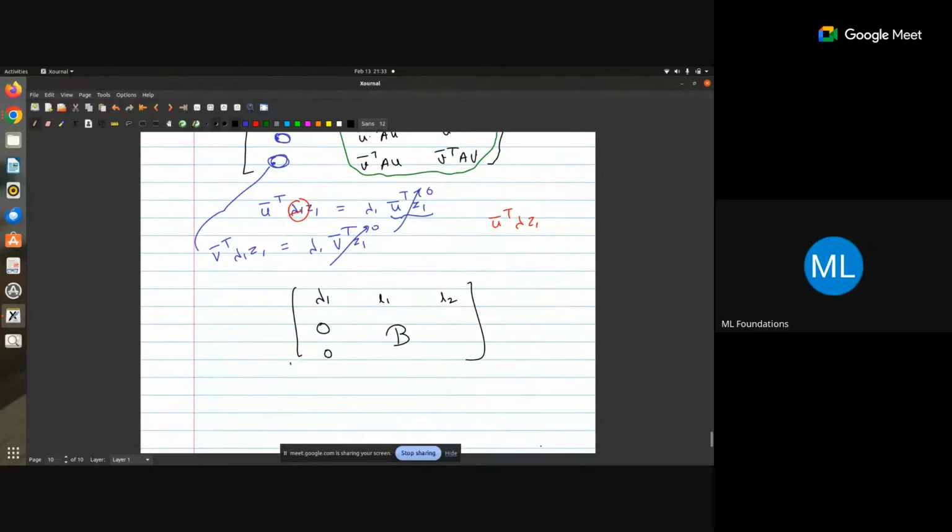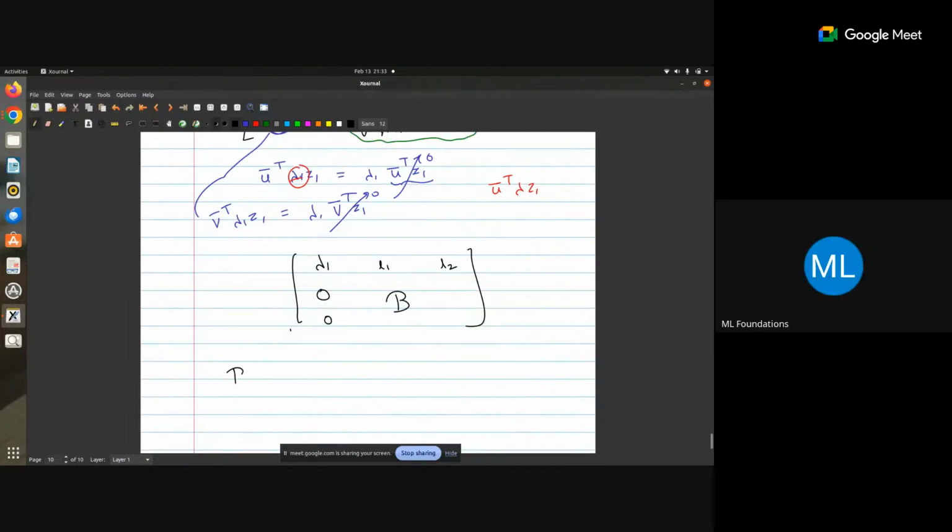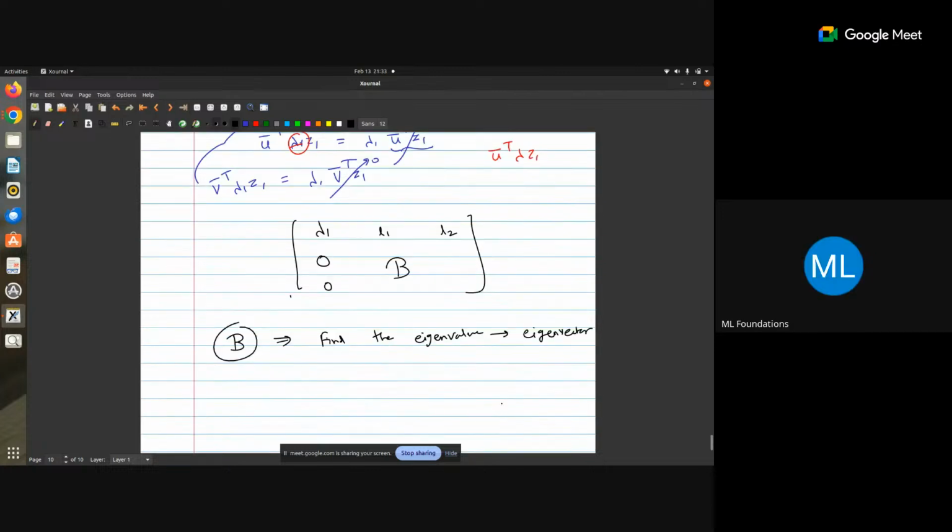Now for this matrix B, you have to follow the same procedure. What you did initially: take one of the eigenvalues, find its eigenvector, right? What next?